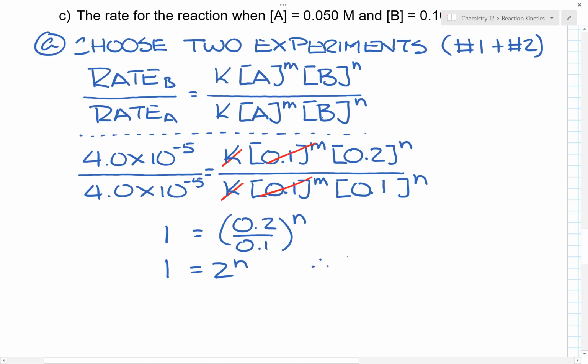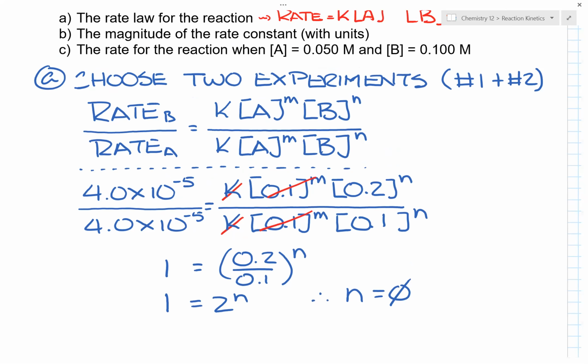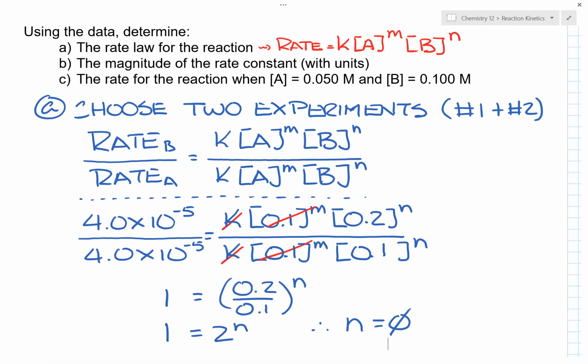Therefore, N would be equal to 0. Okay? And that's what I mean by N equals 0. The rate is independent of the concentration.